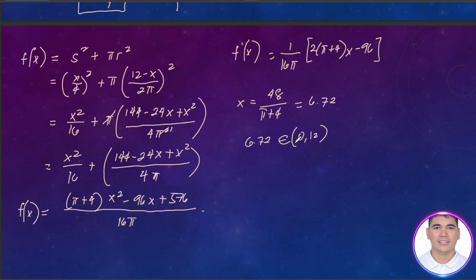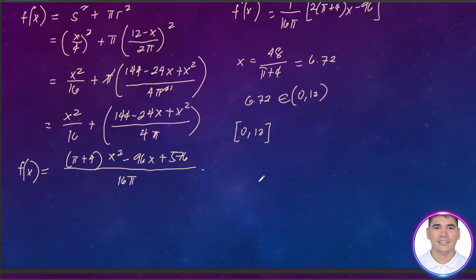The material that should be cut cannot exceed the total length of the wire, which is 12 feet. Now, applying the extreme value theorem for the function f over the closed interval 0 and 12, we substitute the values.